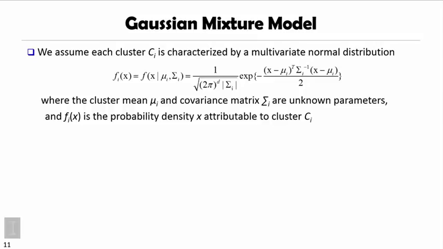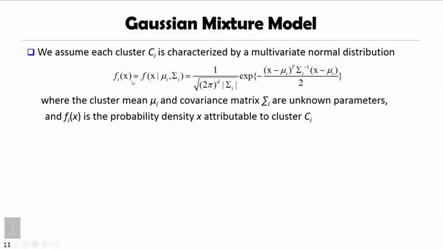Now we study the Gaussian mixture model. We assume every cluster C sub i is characterized by a multivariate normal distribution, where f sub i of x is the probability density of x attributed to cluster C sub i.